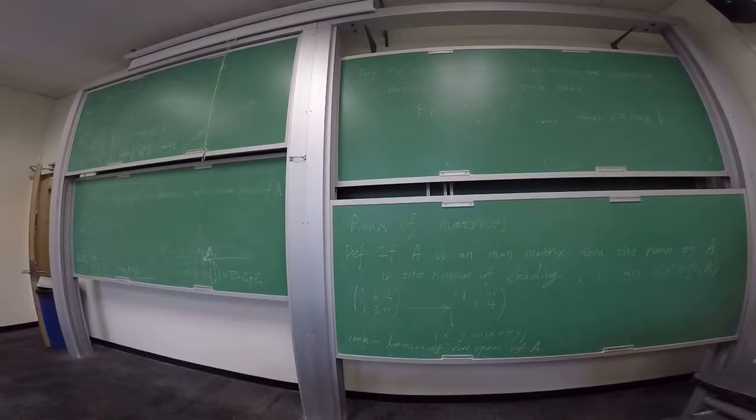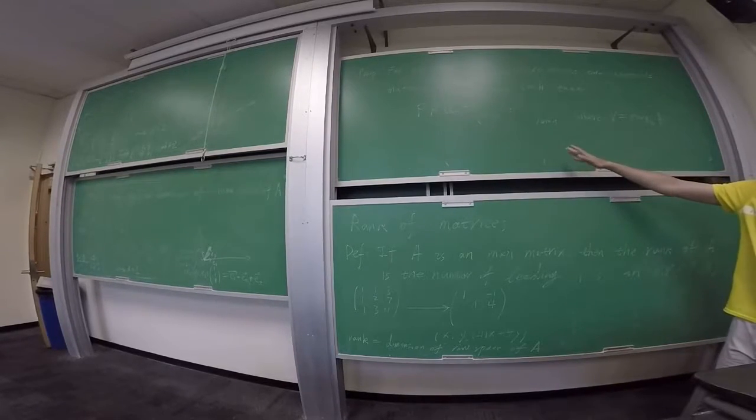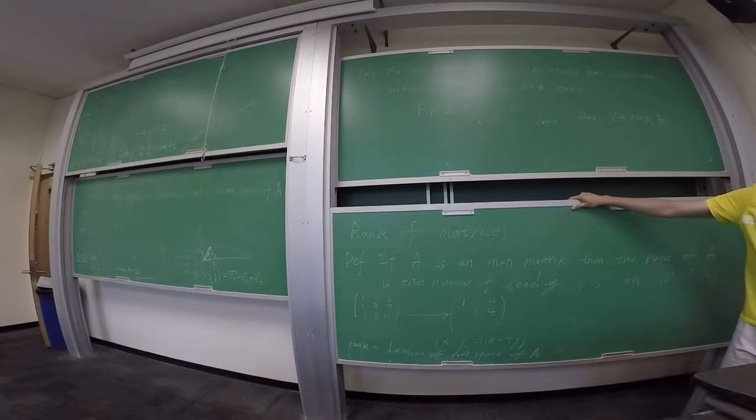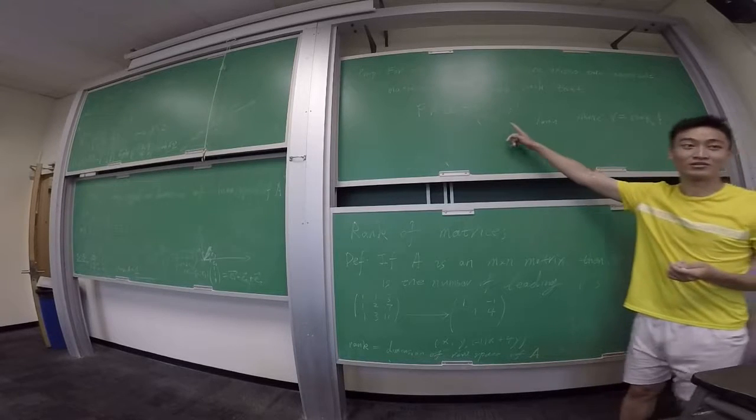Okay, so this proposition actually gives you the arithmetic expression of what rank is. It means that you can do row transformations on A and column transformations on A, right? And if you are allowed to do both rows and columns, the easiest form you could get is this one.